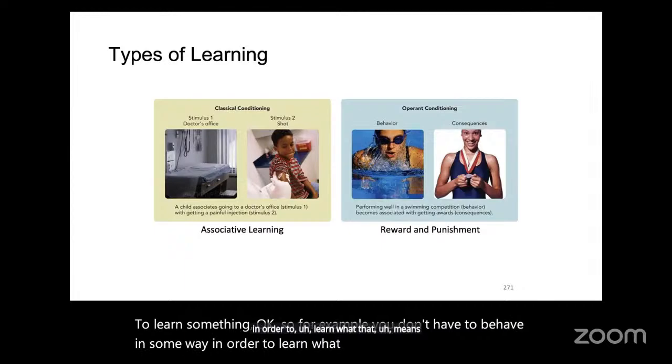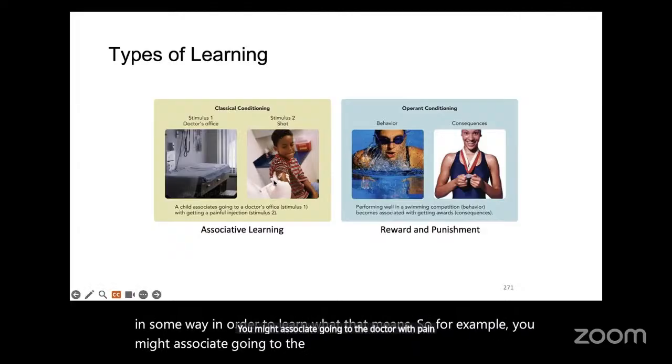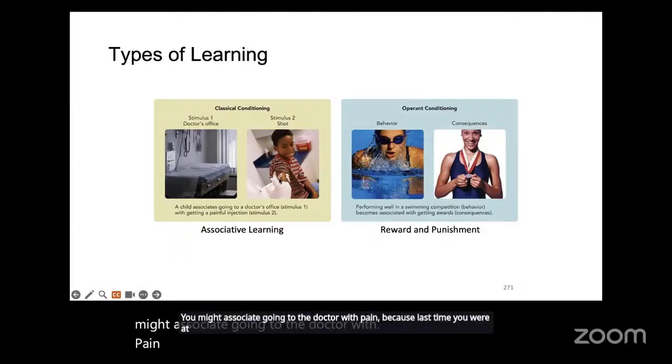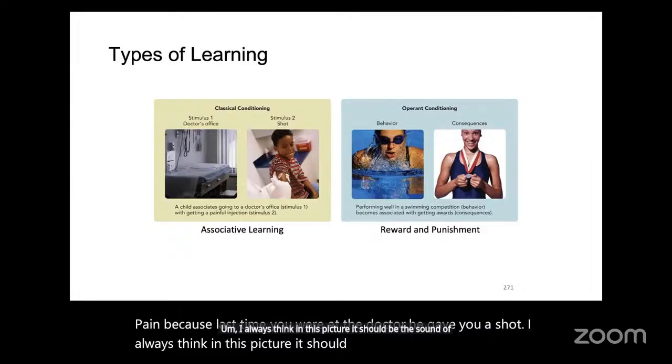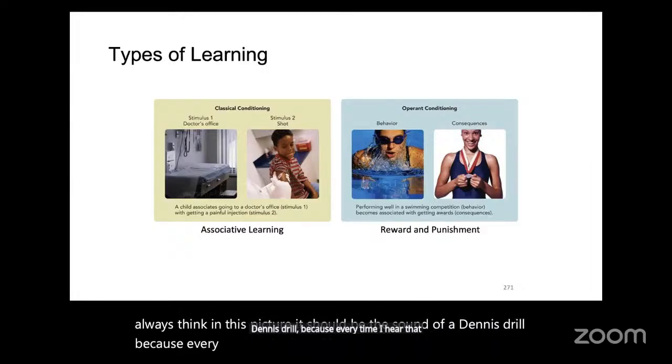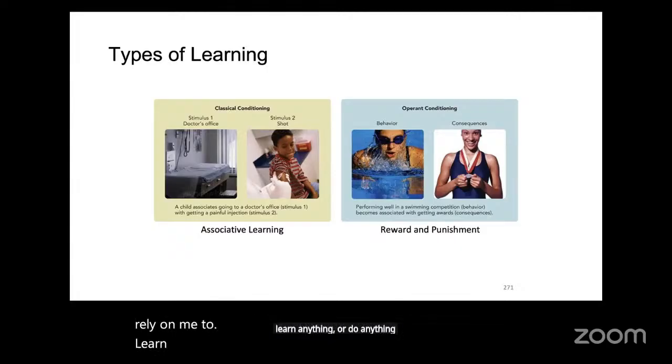You might associate going to the doctor with pain because last time you were at the doctor, he gave you a shot. I always think in this picture it should be the sound of a dentist drill, because every time I hear that zzz noise, my mouth hurts. But it didn't rely on me to do anything to learn that behavior.